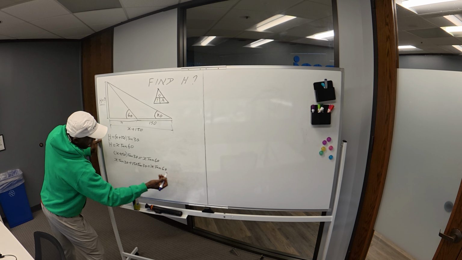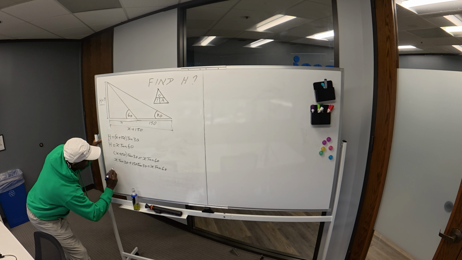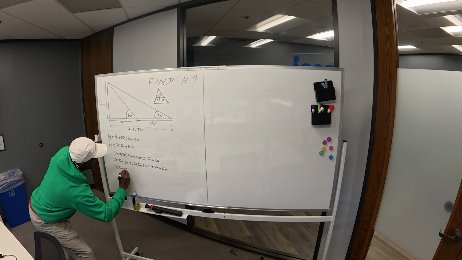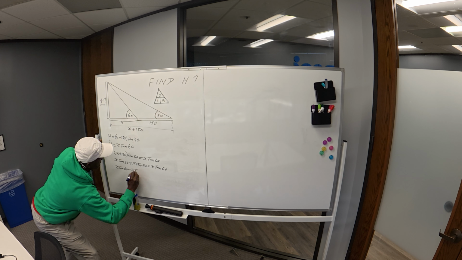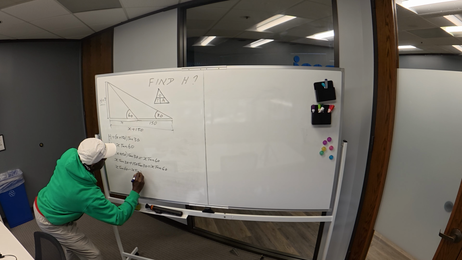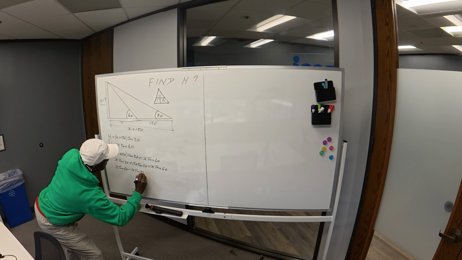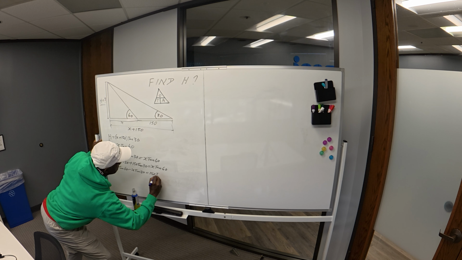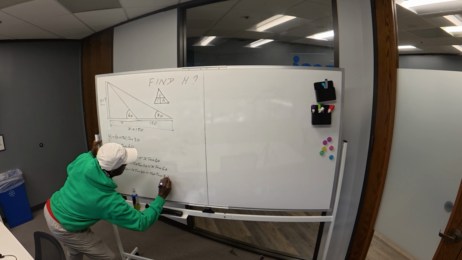Take this on that side and bring this on that side. So I have x tangent of 60 minus x tangent of 30 is equal to 150 tangent of 30.